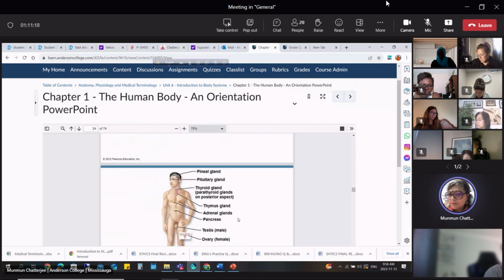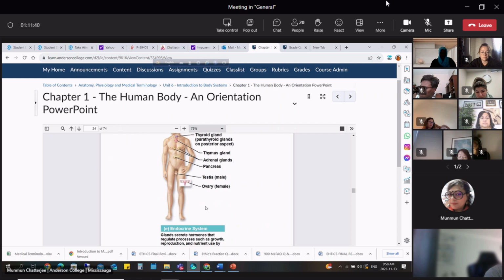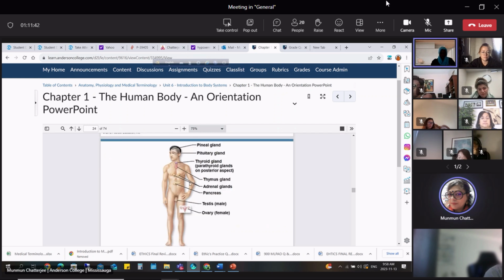We have different types of endocrine glands. Some are in the head, near the nose, thyroid, thymus gland, adrenal glands here. Then you have the pancreas, then the testes and ovary, and these are the endocrine system, which helps to control the body function. If there is overproduction or underproduction of thyroid, you have a problem.